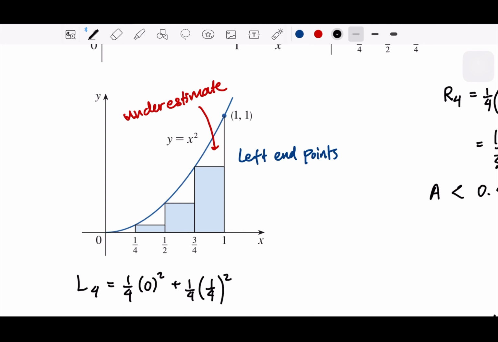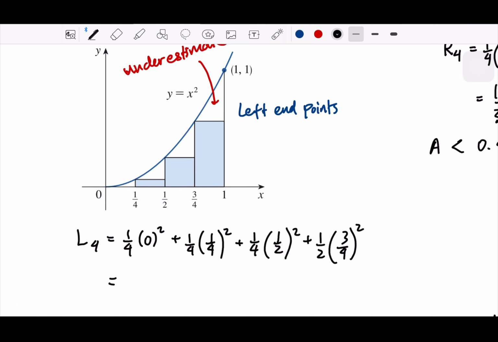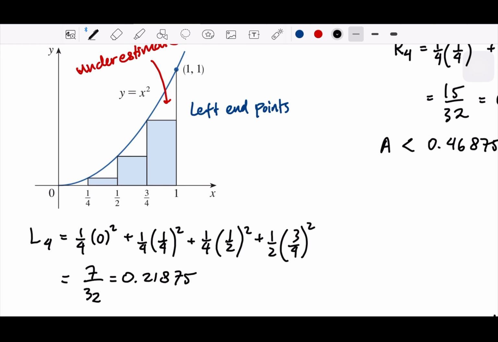Now we focus only on the left for the height, because that is the one touching the curve, right? And then plus 1/4 times 1/2 squared plus 3/4 squared, and that's it. And this is equal to 7/32, or 0.21875. And of course, this is less than the area that we would like to achieve.